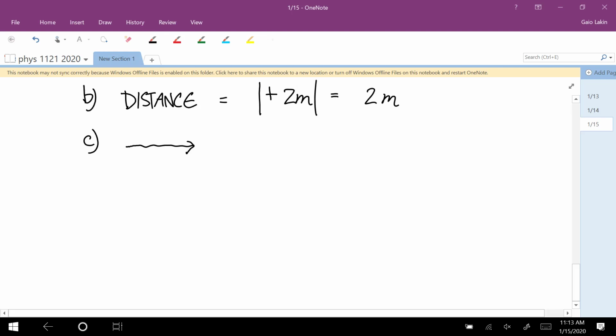So next, we're going to define instantaneous velocity.